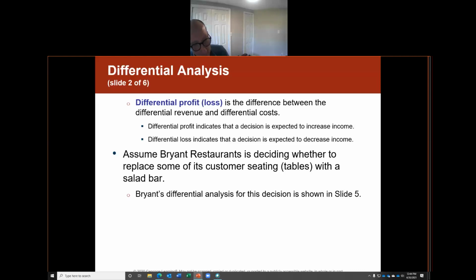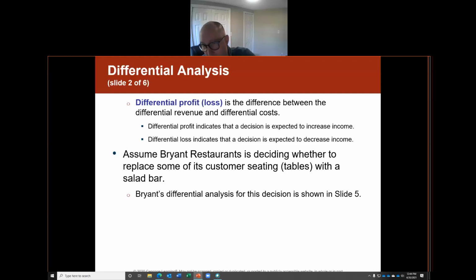We have a restaurant that is looking at two possible decisions. This restaurant has a bunch of tables, a bunch of customer seating, and we're looking at the possibility of removing some seating and replacing it with a salad bar.